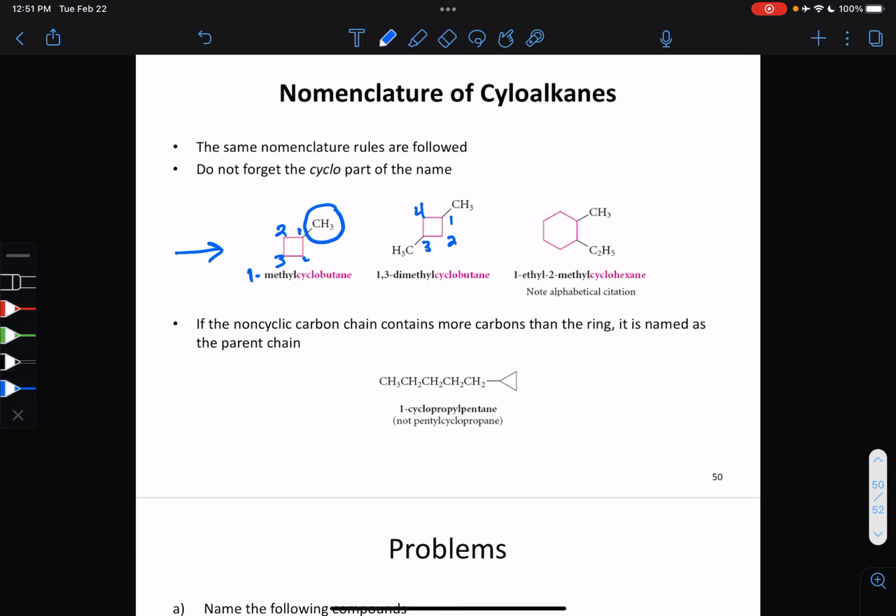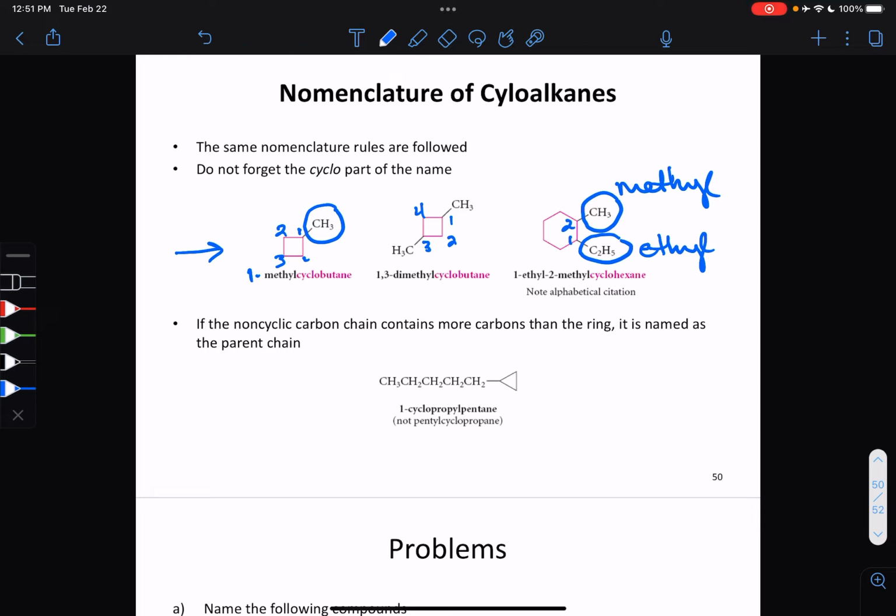All right, so looking at the next one, we have 2 branches off our cyclohexane here. So we have methyl, and here we have a 2 carbon, and that is what? That is ethyl. You can see that down there in the name. Now we could do 1, 2, or we could do 1, 2.